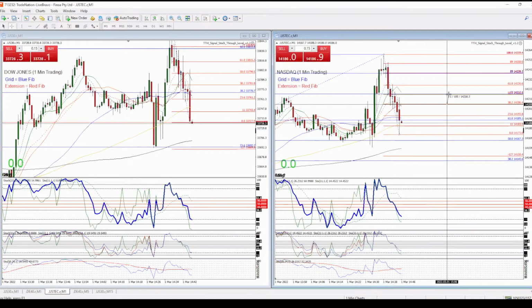Ranges between 38.2 and the 50 is 10.5 points. We can put a buy stop.